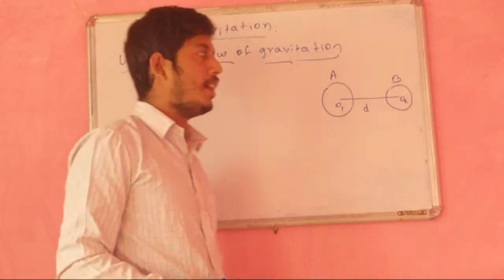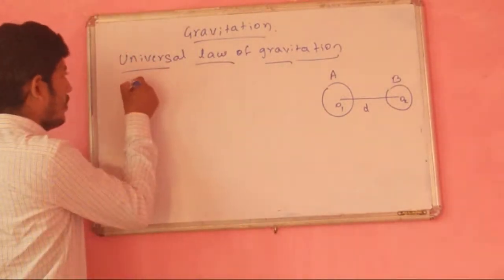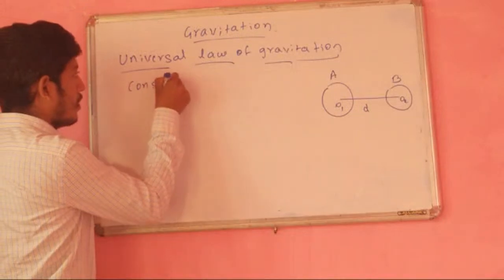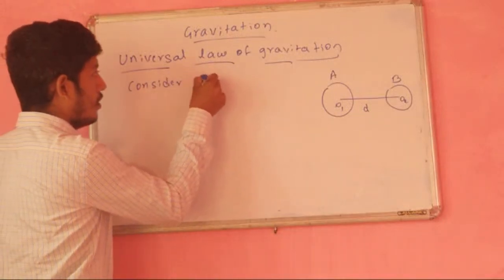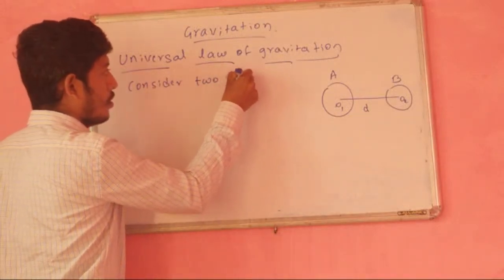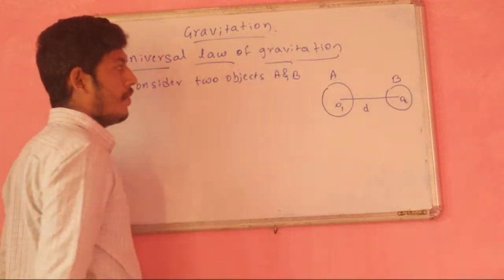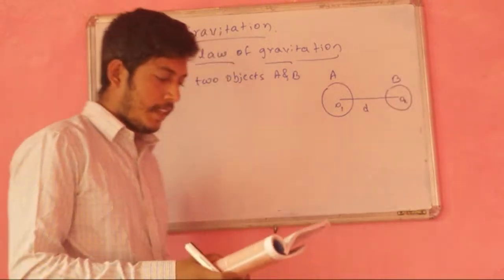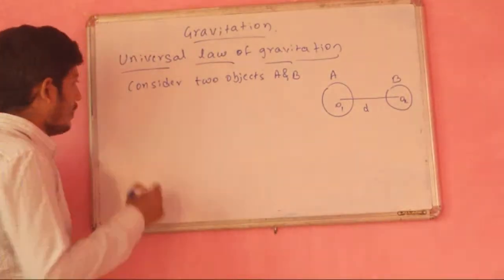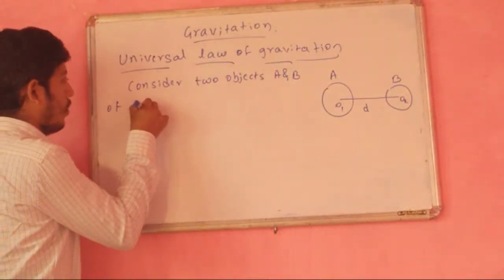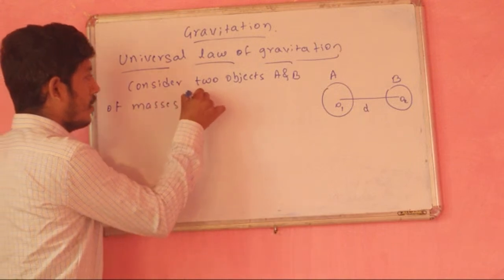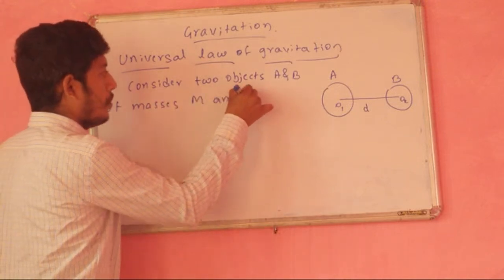So what are the given data? Consider two objects A and B of masses M and m.